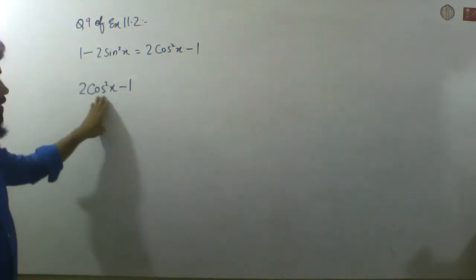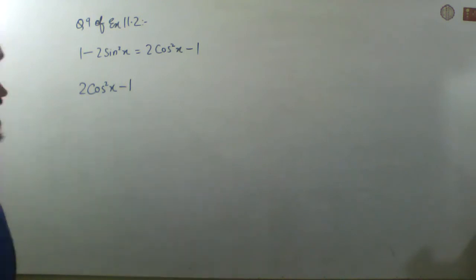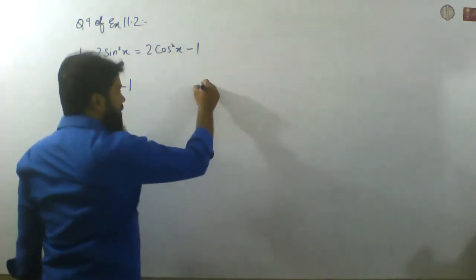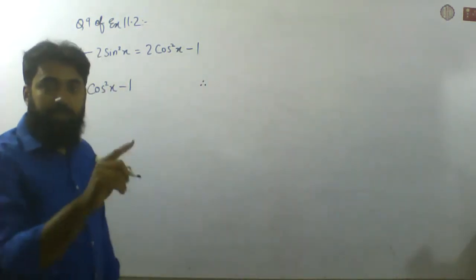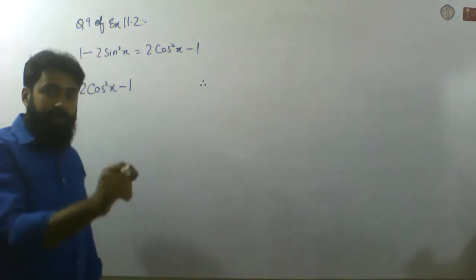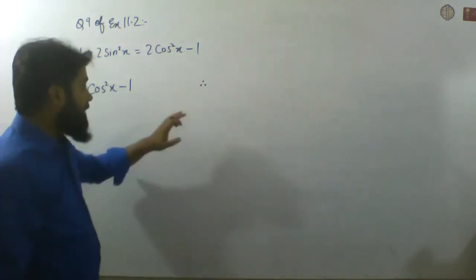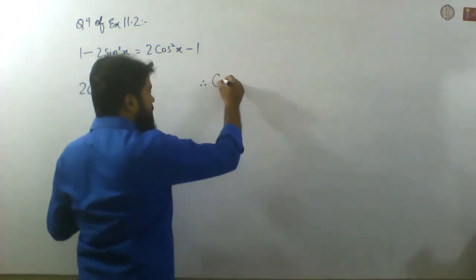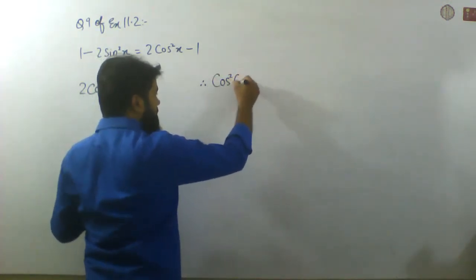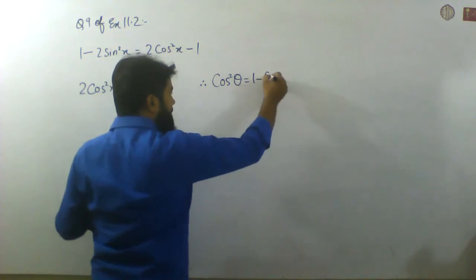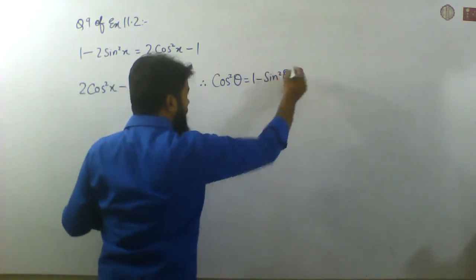For cos square, we know from sin square theta plus cos square theta equals 1, which I explained at the start of the video, that cos square theta equals 1 minus sin square theta.